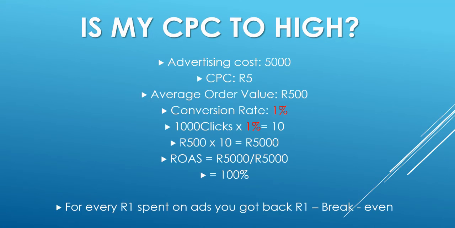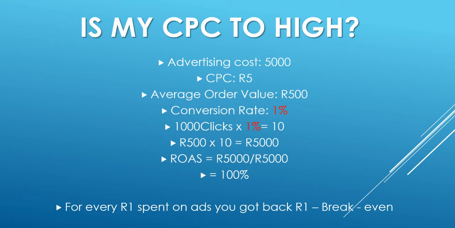Let me use another example. Let's say we keep everything the same. Your cost is still 5,000 Rand, your cost per click is still 5 Rand, and the average order value is 500 Rand, but now your conversion rate is 1%. So 1% times your 1,000 clicks means you only got 10 sales, and you only made 5,000 Rand revenue from the campaign.